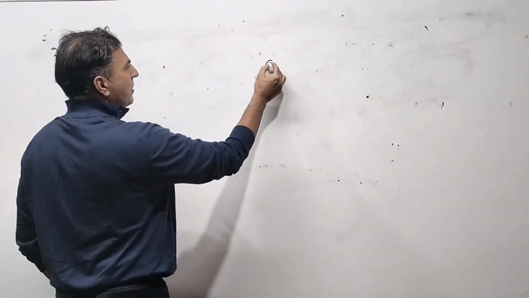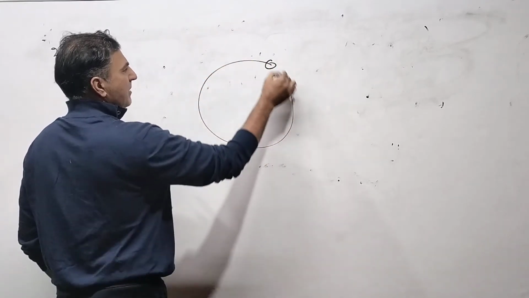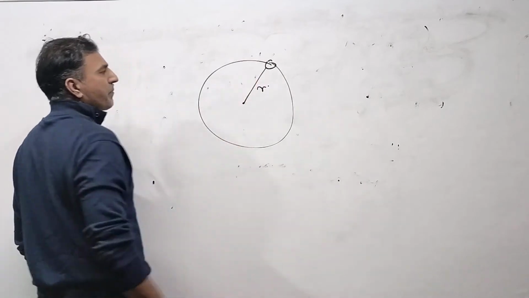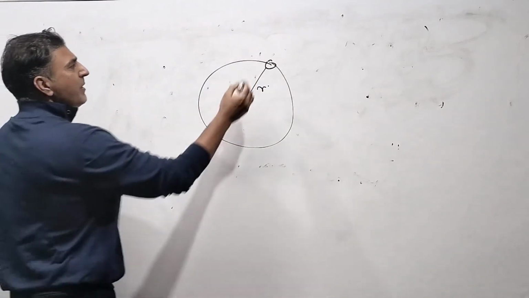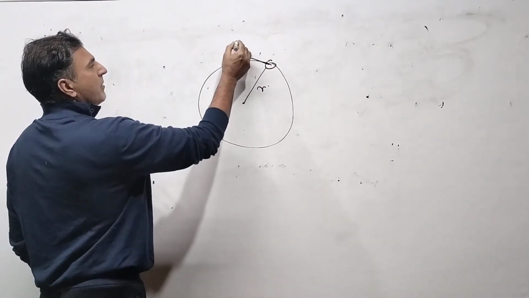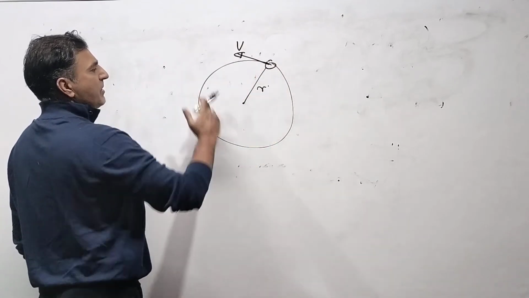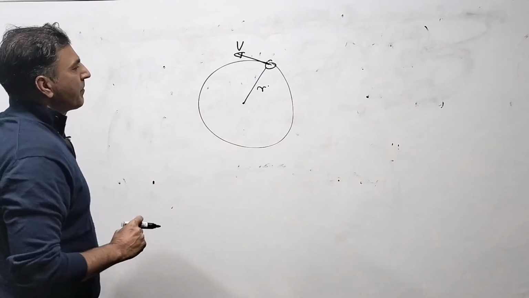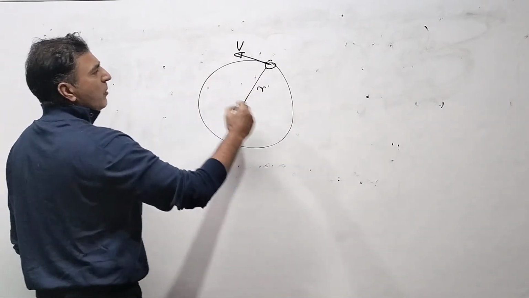Suppose a particle is rotating in a circle like this with radius r. It is moving with a velocity v. Tangential velocity is tangential to this path, and it is moving in a circle with angular velocity omega.